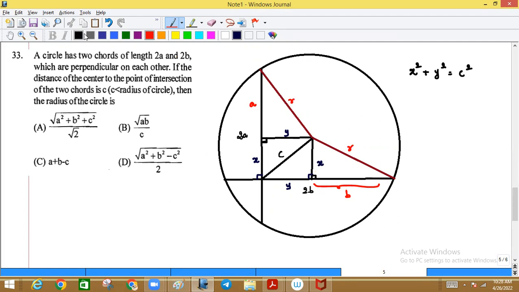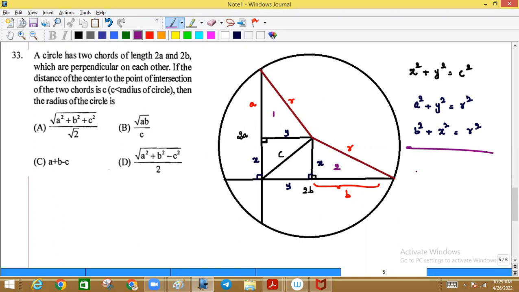Right? Tell me the Pythagoras rule in the two triangles here, triangle 1 and triangle 2. What is the Pythagoras rule in triangle 1? A square plus y square is equal to r square. Second, b square plus x square is equal to what? R square. Now add both of them.